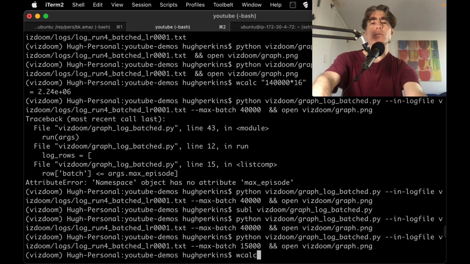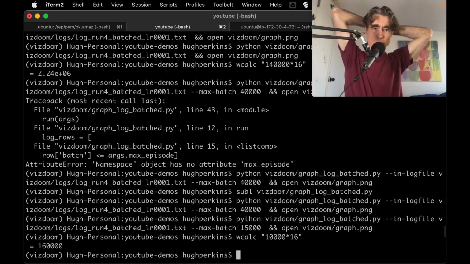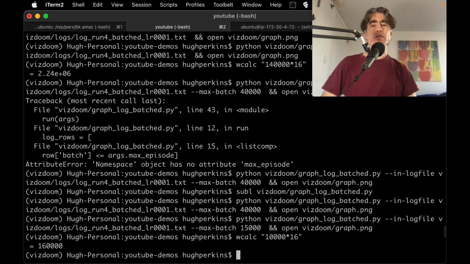So 10,000 batches is 160,000 episodes. So it's learning more slowly than when we were just doing the learning per episode. Because per episode, it had learned after about 40,000 episodes, whereas here it's learning after 160,000 episodes. So it's learning 4 times more slowly. But that fits in with our idea that we have to increase the learning rate 4 times.